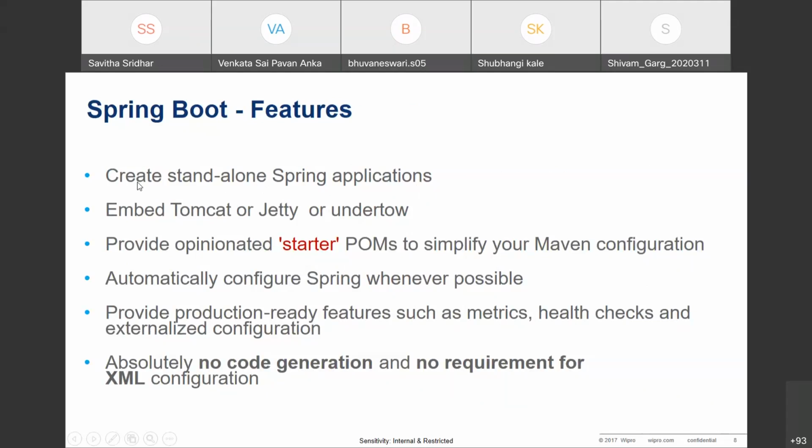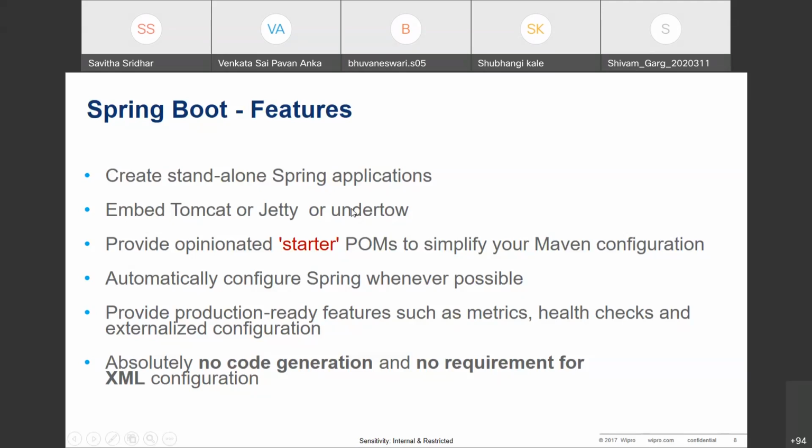When you use Spring Boot and you create your own web application, by default, Spring Boot provides an embedded app server. By default, it will give you an embedded Tomcat as your app server. And in case you want to reconfigure it, and instead of Tomcat, you want to use Jetty or Undertow as your embedded app server, you could configure that as well.